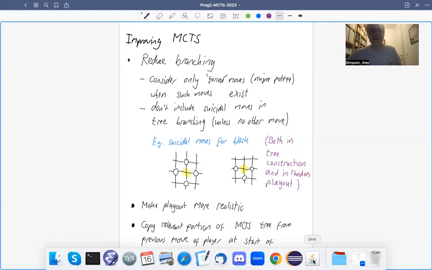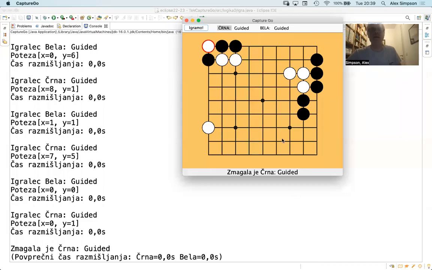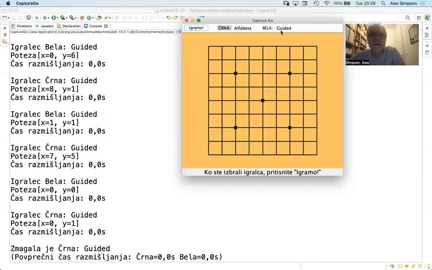So let's go back to the game window here. And to end this presentation, I just want to see how, oh, it's terribly slow. There we go. How alphabeta is going to do against my Monte Carlo tree search with 5 seconds. The constant is always the square root of 2. The vanilla one, NSU, means without suicides, but without the guided playout.